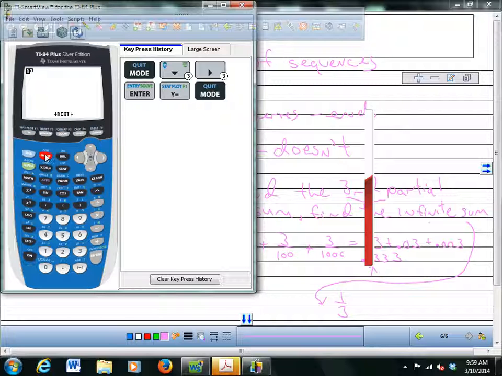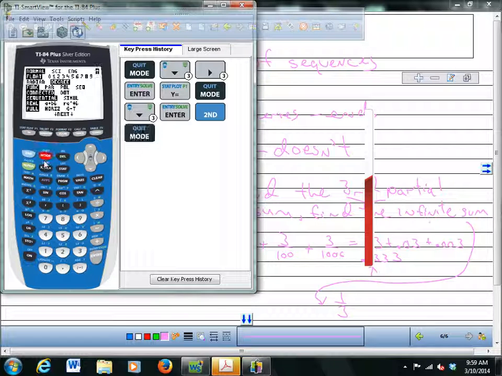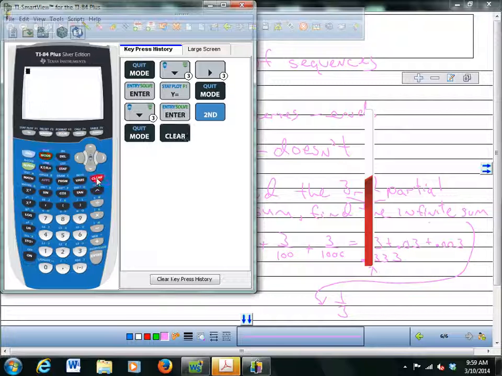We're just going to go to mode, function. And I didn't know this. Mr. Beamer told me this. If you go to math and 0, look at that. That gives you that little summation symbol there. So say I wanted to do the sum of x squared terms from 1 to 5.